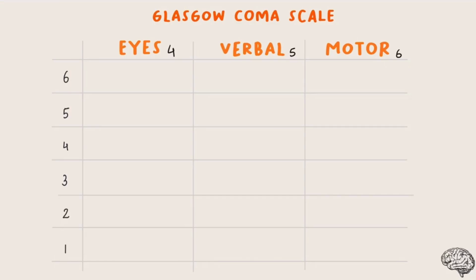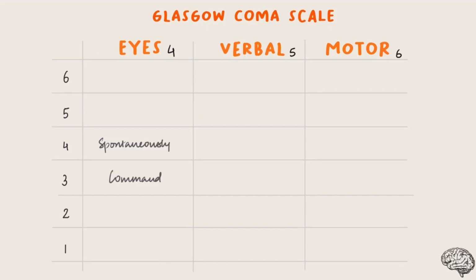If a patient is normally blinking, it is said that the patient is spontaneously opening their eyes. This is given a score of 4, which is the highest for the eyes opening response. Please also take into consideration that the higher the score on this scale, the better the predictor. If the examiner asks a patient to open their eyes and they do so, give them a score of 3.